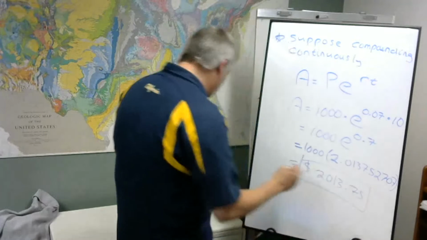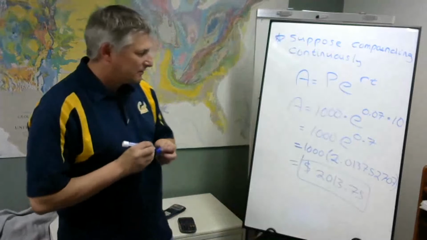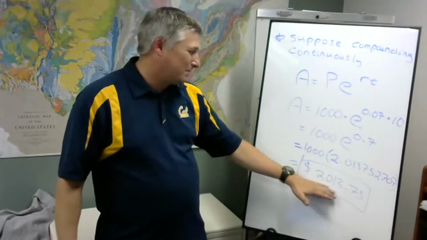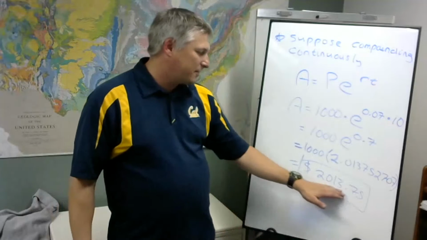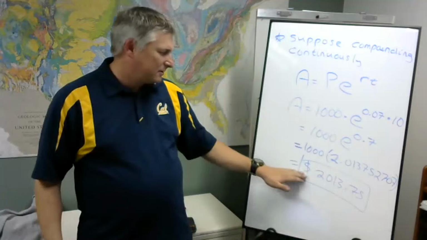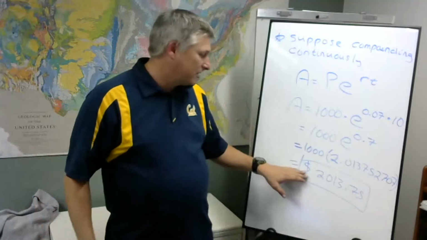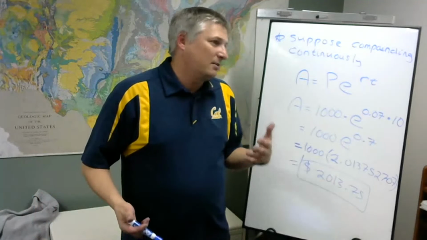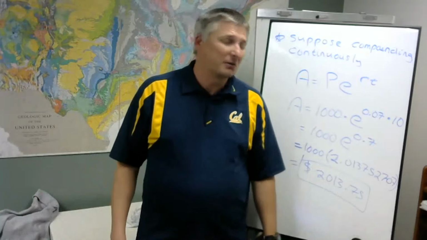So it's a little bit more. If we compound infinitely, it's only a little bit more because we had about $2,009 and 60-some cents for compounding monthly. If you compound infinitely, you only go up a little over $4.